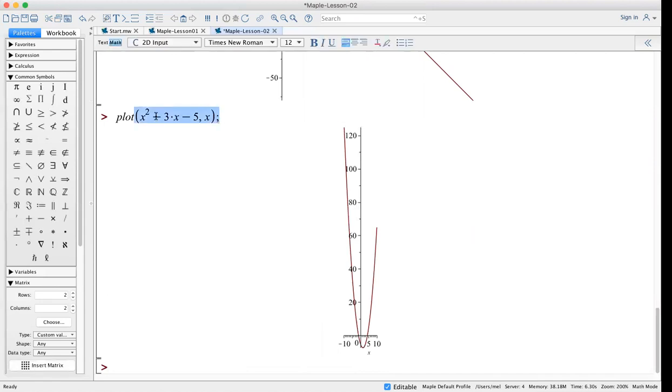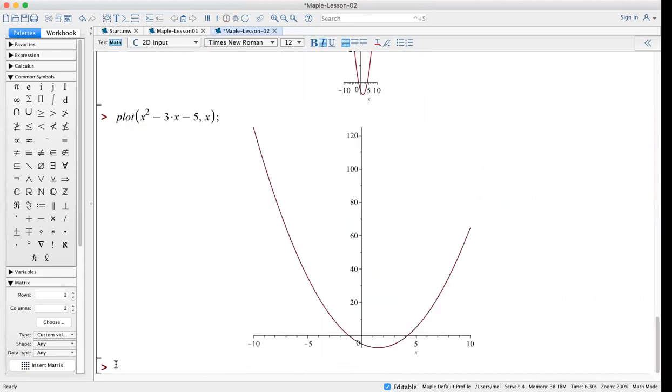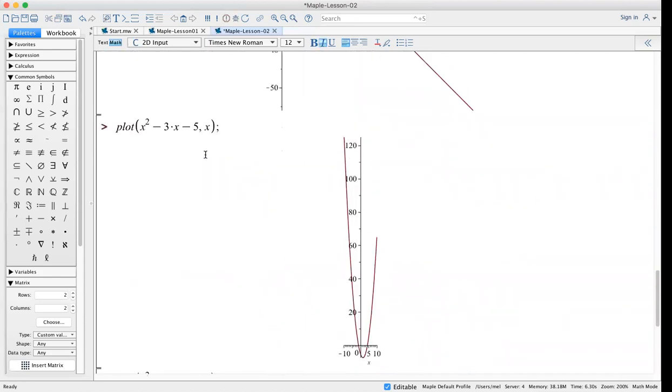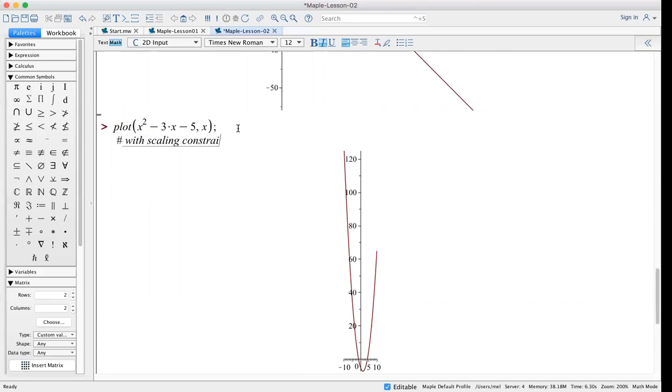Let me make a note. You can make a note by putting a sharp sign, and then this is with scaling constrained on.